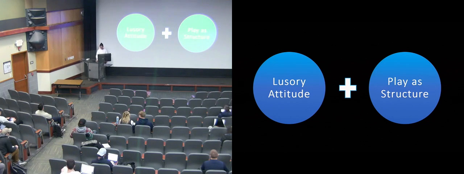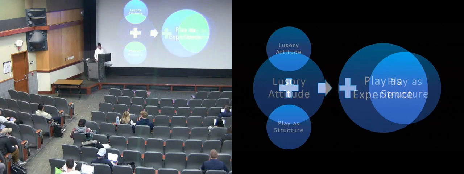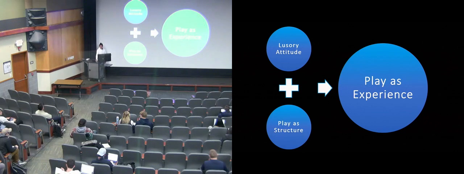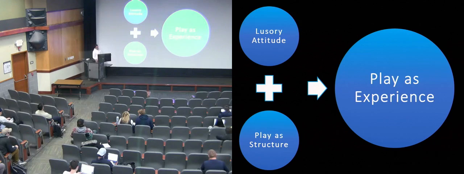But we can also ask about what arises when the two come together. We can ask about the actual experience of playing. In other words, now that we have the basic structure of play and a basic attitude leaning us to want to play, we can get the game in motion and see what we experience as we play.